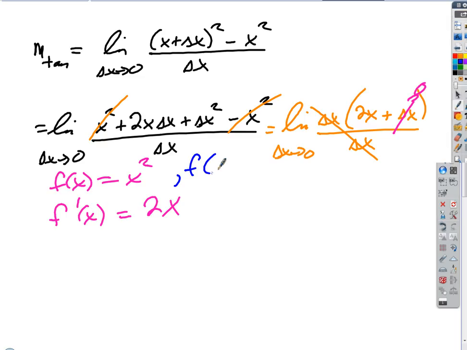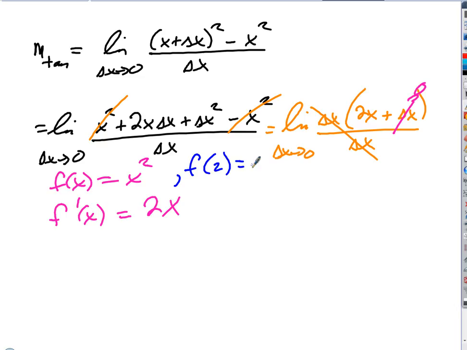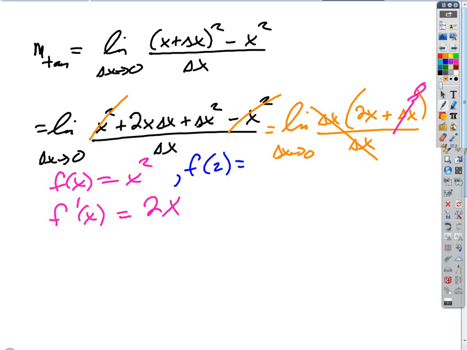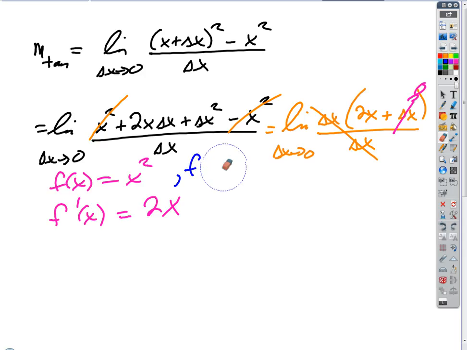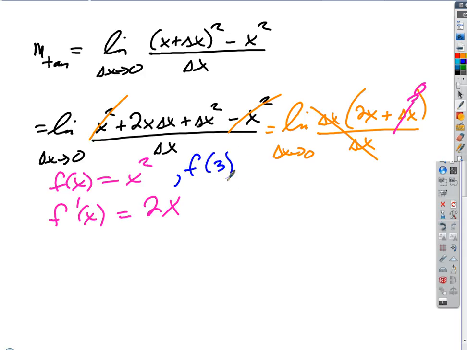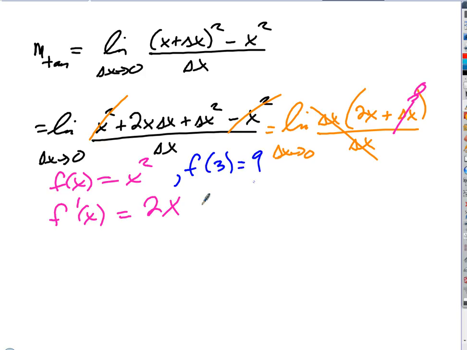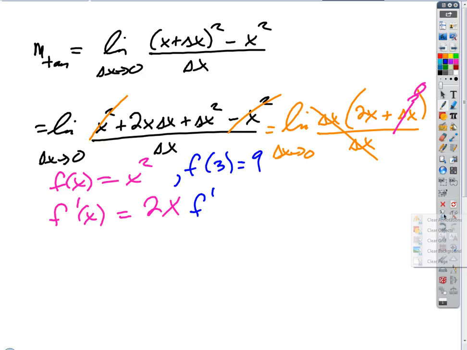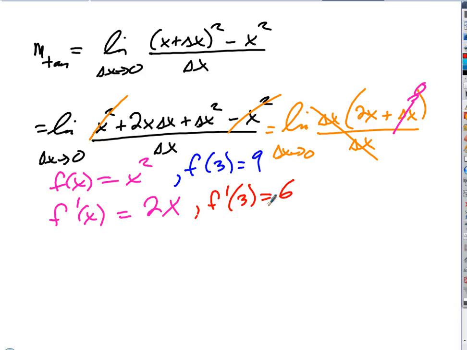So, f of 2 is what? Actually, 2 is a bad one. Let me do f of 3. What's f of 3? 9. What's f prime? We should make that red. Oh, 6. F prime of 3 is 6, right?